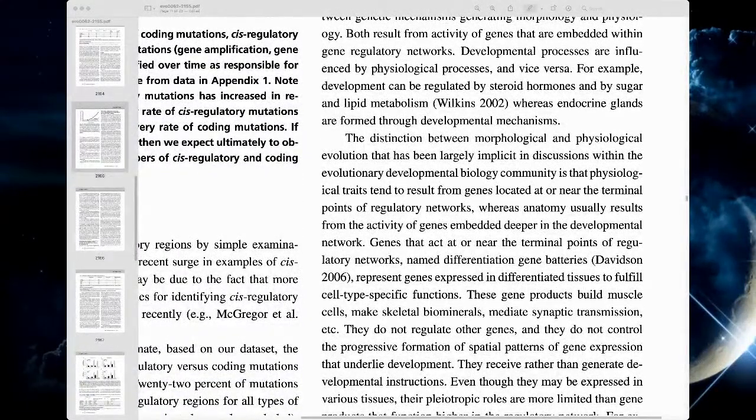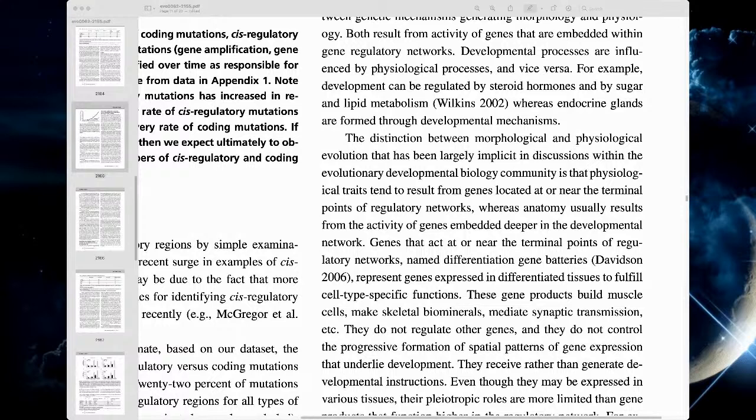The distinction between morphological and physiological evolution that has been largely implicit in discussions within the Evo-Devo biology community is that physiological traits tend to result from genes located at or near the terminal points of regulatory networks, whereas anatomy usually results from the activity of genes embedded deeper in the developmental network.